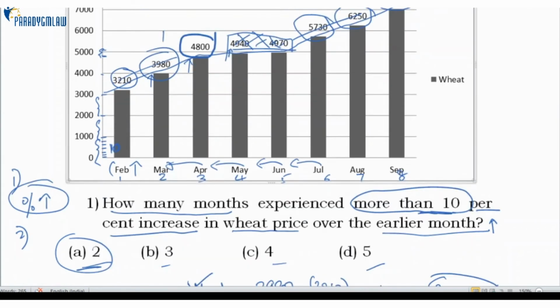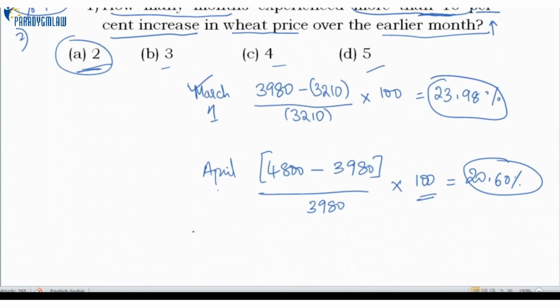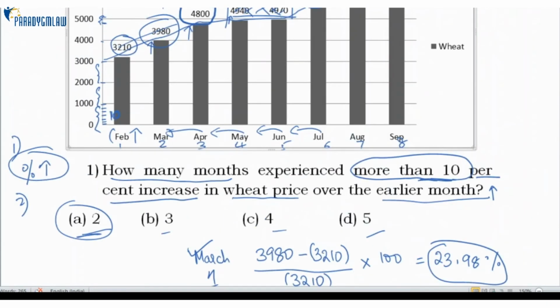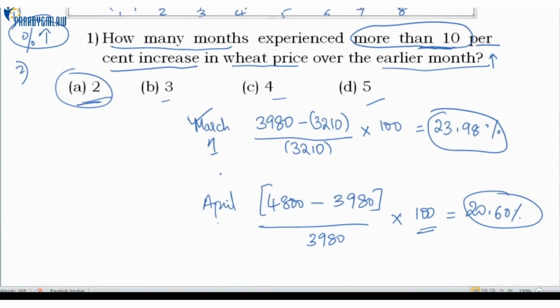Now if you calculate it, which is the best way to do it, you will see May to April is a very slight increase. June to May is also very slight. I hope you will do this on your own as well, so you know how slight it is.